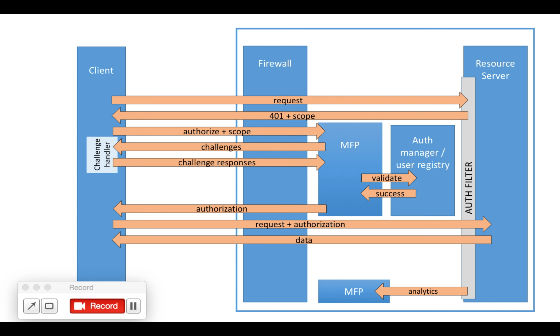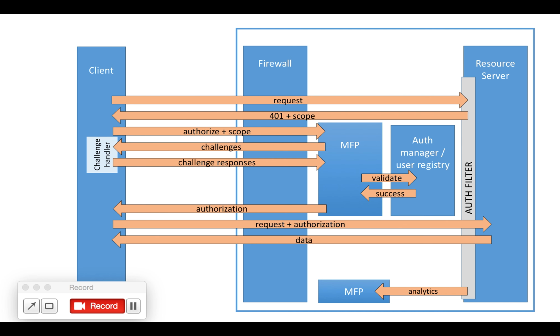It's inside of your enterprise. So the client makes a direct request to that service, and the service is protected by the authorization filter. The filter detects that this client is not authorized to access the resource server, and it returns HTTP 401 plus the scope that the client requires to be able to access it.